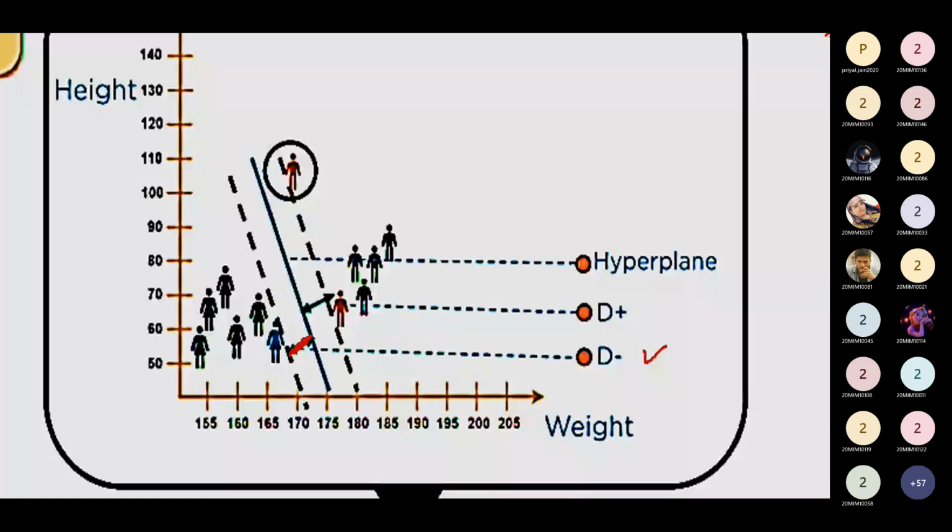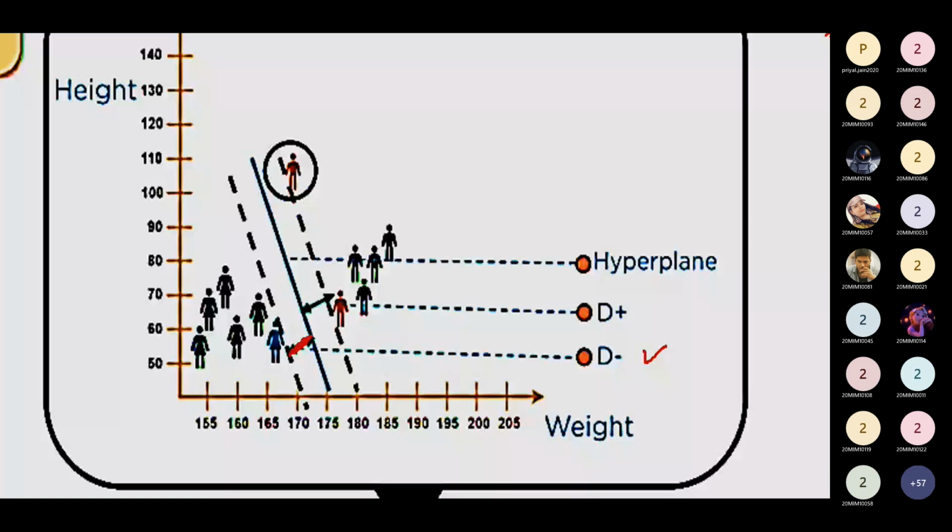So from this point, we have two distances, D plus and D negative. Practically or mathematically, if I add these two distances, I get the value of the maximum distance or maximum space. That is the point you should keep in mind.